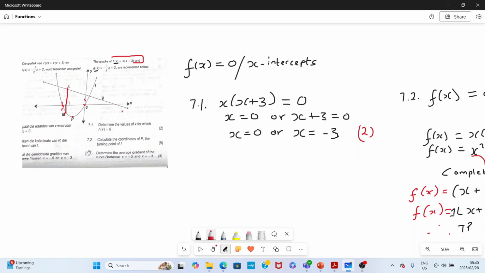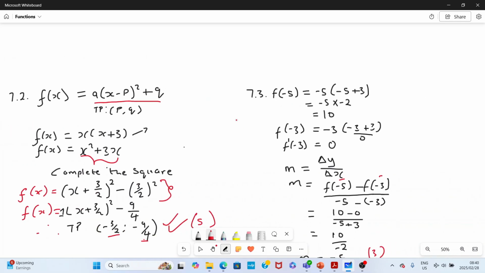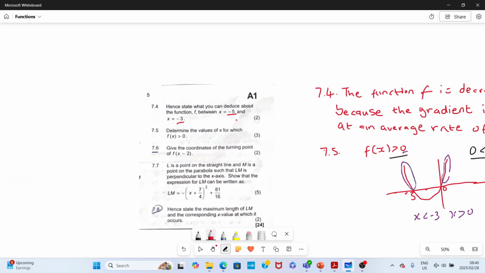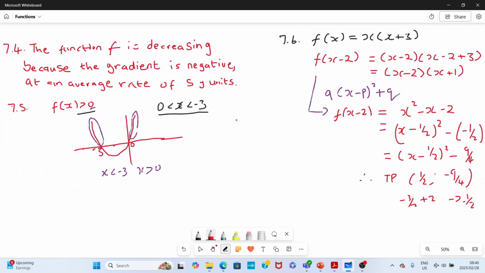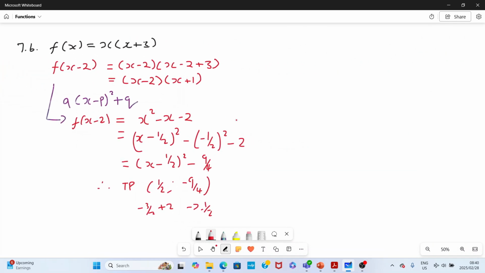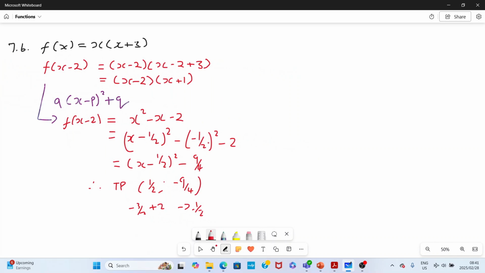To find that distance, we are going to do the following. Let me use a different color now and just use black. For 7.7, LM is the vertical distance, right?